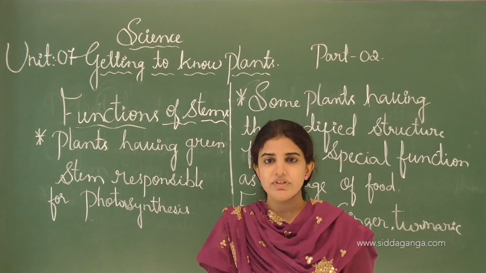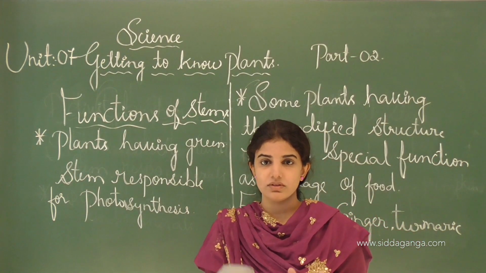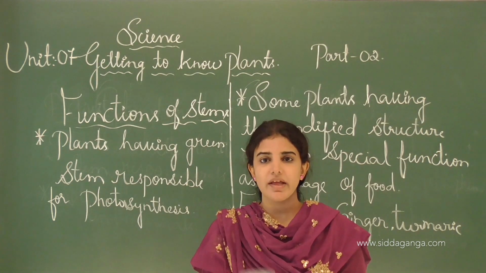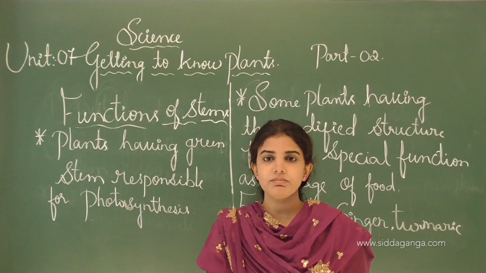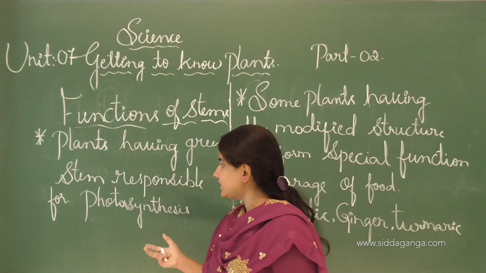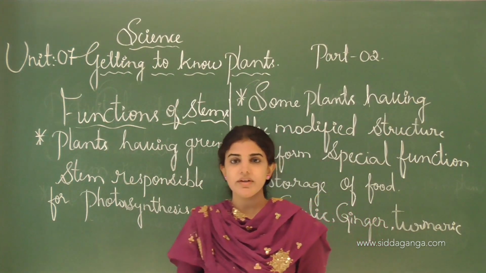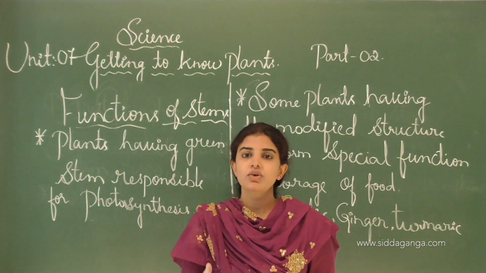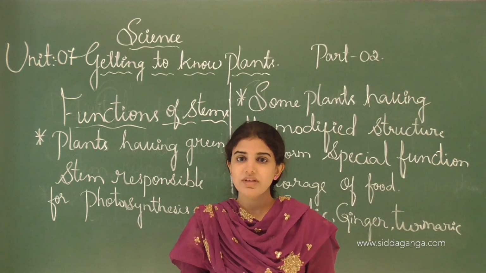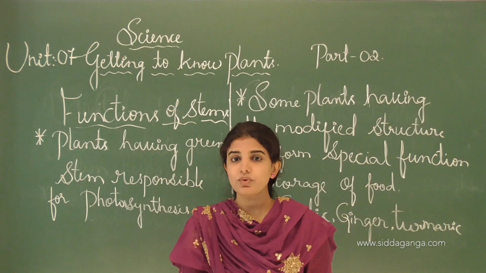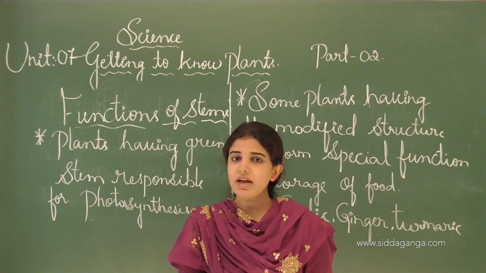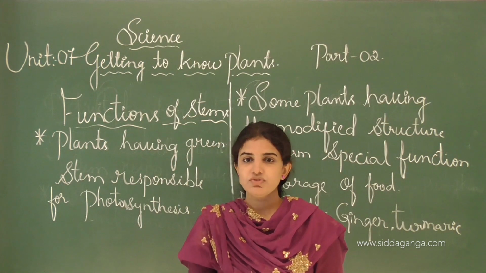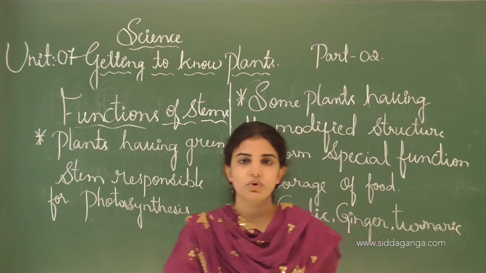See, one by one I will tell you. The stem will keep the plant erect in a straight position. In the second point, we can say that the stem will conduct the water as well as the minerals from the soil through the xylem as well as the phloem. It is a conducting tissue which conducts the water, minerals, as well as the food from the soil and circulates through the plant body.